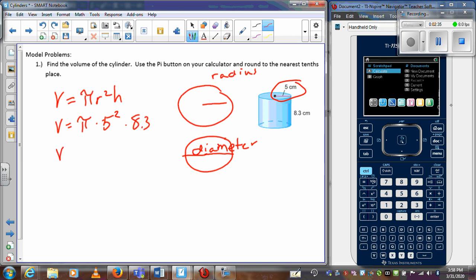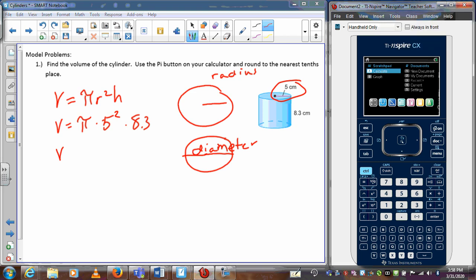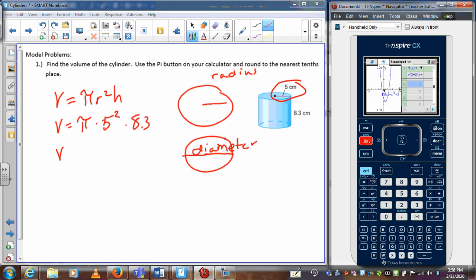So I'm going to take my calculator and I'm going to come over here. And for me, I think I'm going to go scratch pad. And it's going to be quite small. So pi times 5 squared, and you might want to type it in as 5 times 5, that's completely up to you, times 8.3. And I'm getting 651.88.